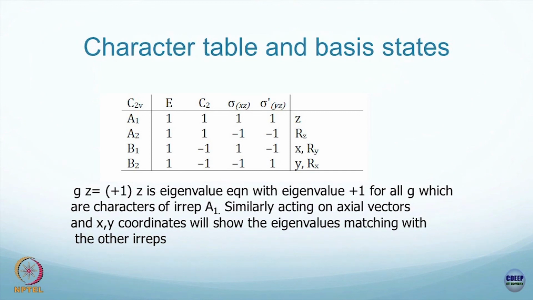Also, the basis states will change when you go from one group to another group, which you should remember. If I start with a system with certain symmetry, you first draw the character table. After you write the character table, you write the basis, then the operators will belong to one of those irreps. That is the next step.